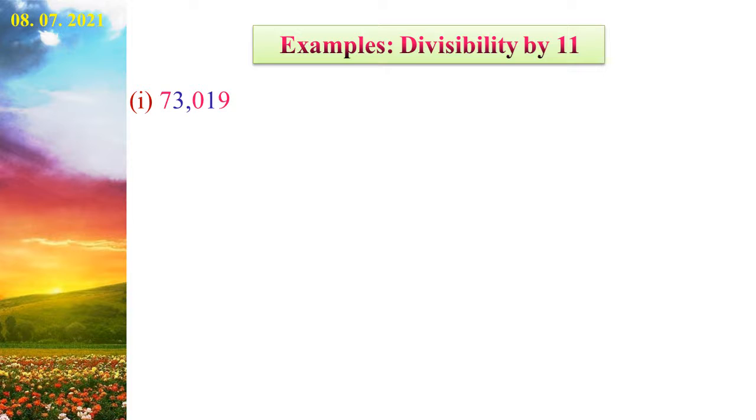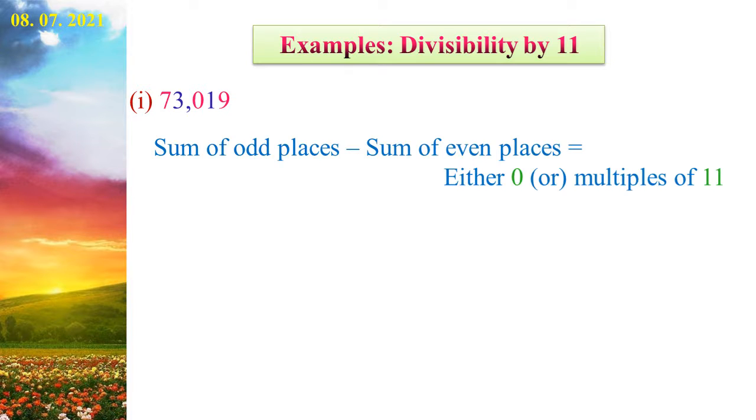Look at the given number 73,019. What is the divisibility rules of 11? Sum of odd places minus sum of even places is either 0 or multiples of 11. Here, the odd places are 9, 0 and 7. Sum of odd places means 9 plus 0 plus 7, minus even places, which are 1 and 3.